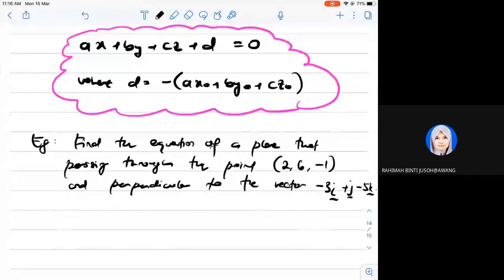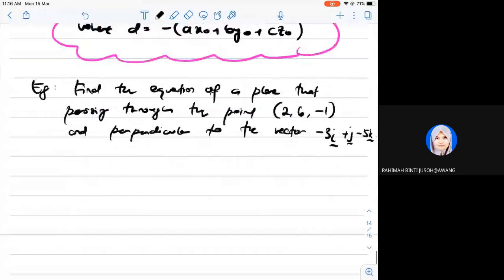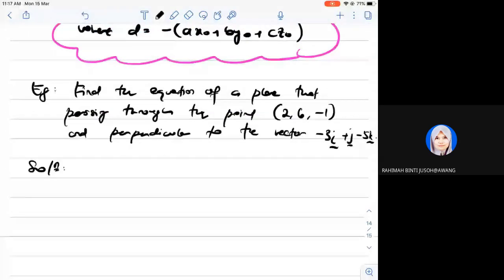Solution. First of all, you need to find the P naught. Take out all the information given. We have a plane passing through the point 2, 6, -1. So this is our P naught. And then we need to find the normal vector.